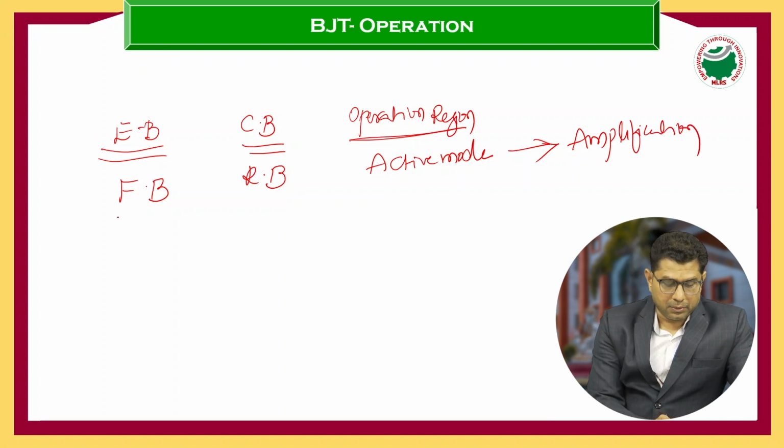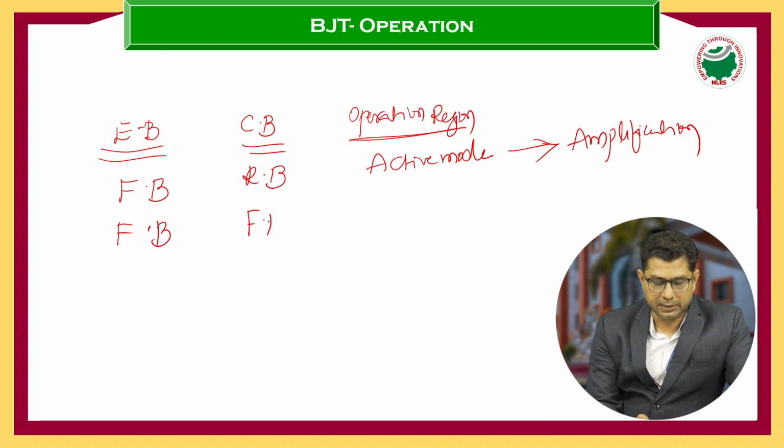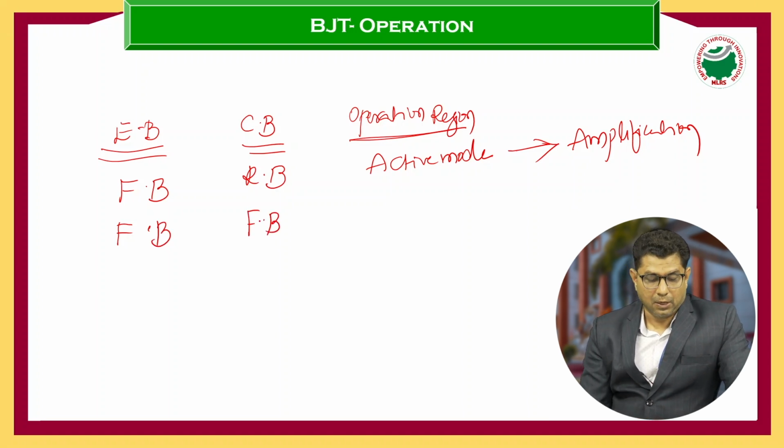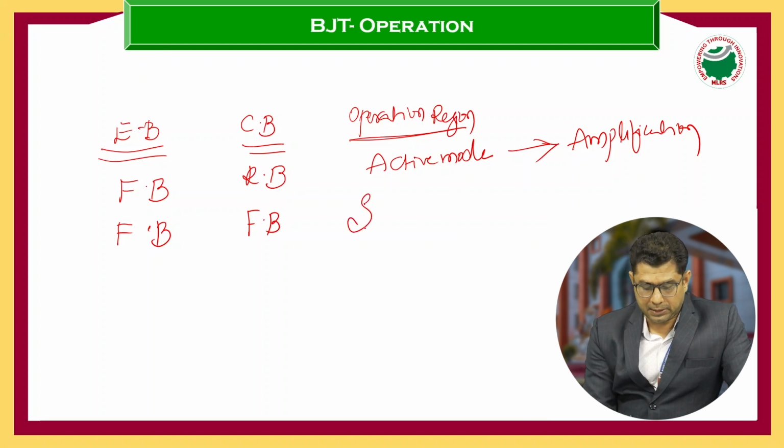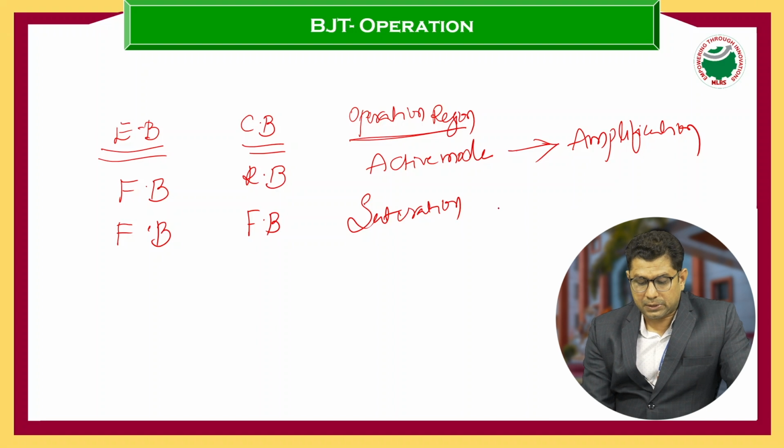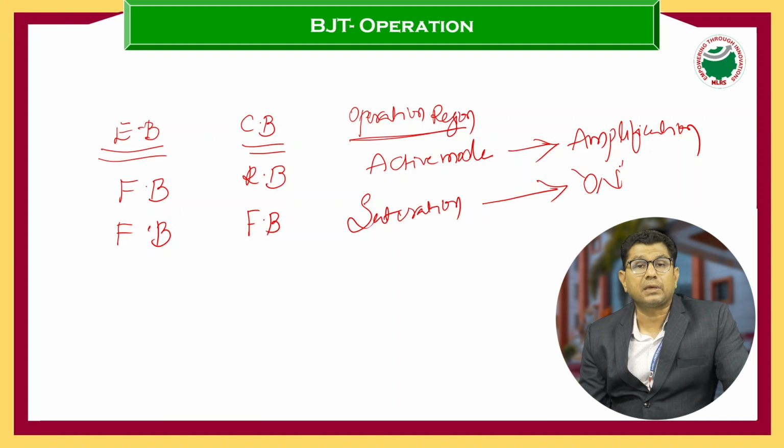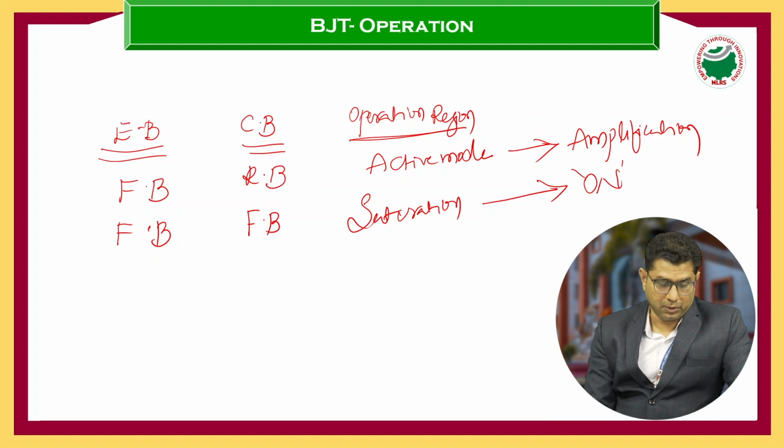Even you can make the emitter base junction forward biased and the collector base junction also forward biased. When both junctions are forward biased, this state is called the saturation state. Saturation state is nothing but logical on, which means the switch is closed.